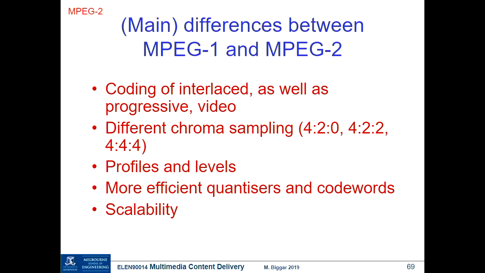So the main difference is that it's capable of coding interlaced as well as progressive video. Because it was intended not just for distribution to television sets, but also within the television industry for exchange of programs and sending high quality video between studios and into editing suites and so on.